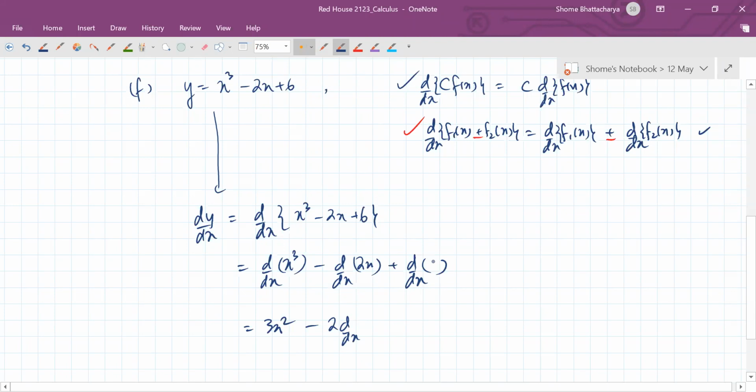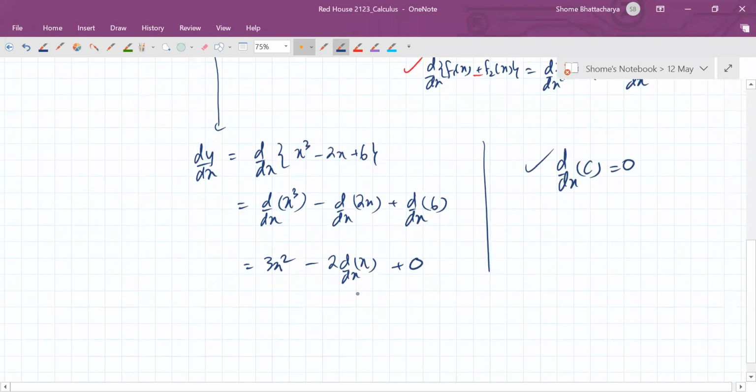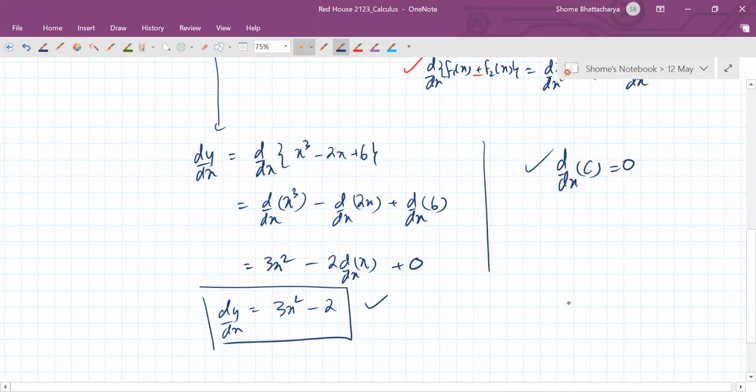Okay. Then you can take the 2 outside, and this is differentiation of a constant. Okay. So remember the property that differentiation of a constant is 0. So this becomes 3x square minus 2, and that becomes the answer. Okay.